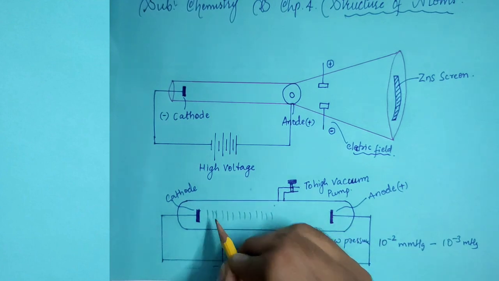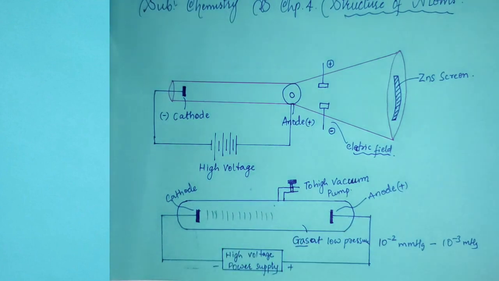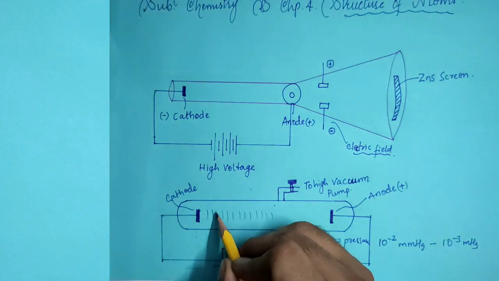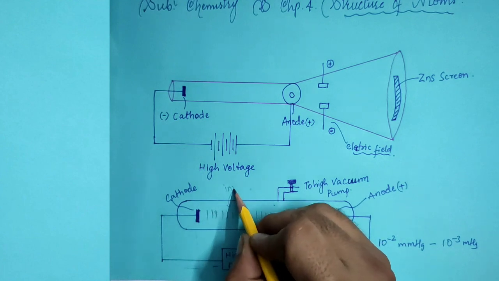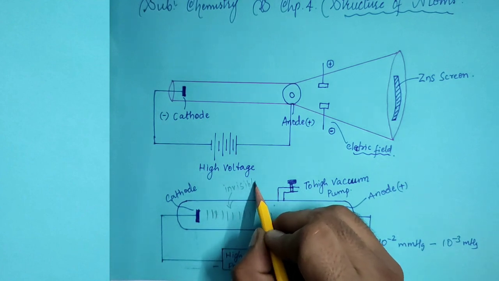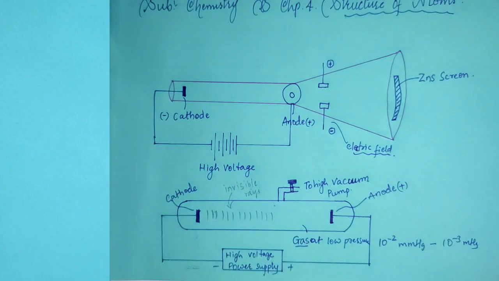The glass tube starts to glow, and this experiment demonstrated the emission of certain invisible rays from the cathode. That means these rays are coming from the cathode, and they were said to be invisible rays.